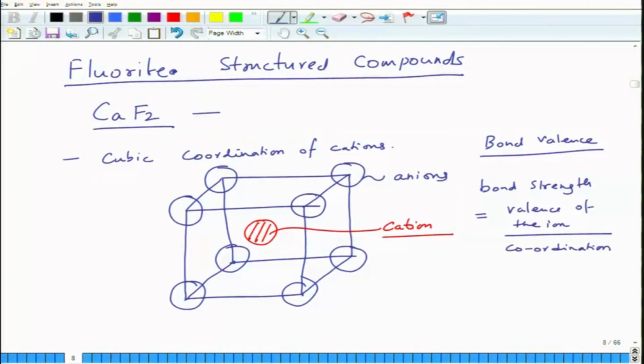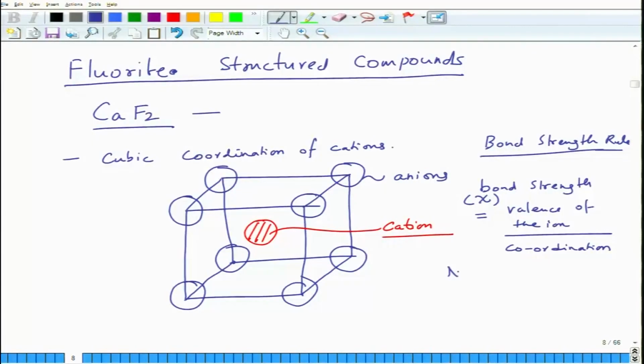Sorry, this is bond strength, not bond valence: the bond strength rule. This says that for a charge neutral solid, let's take the example of calcium fluoride, the bond strength of cations and anions must be equal to each other.